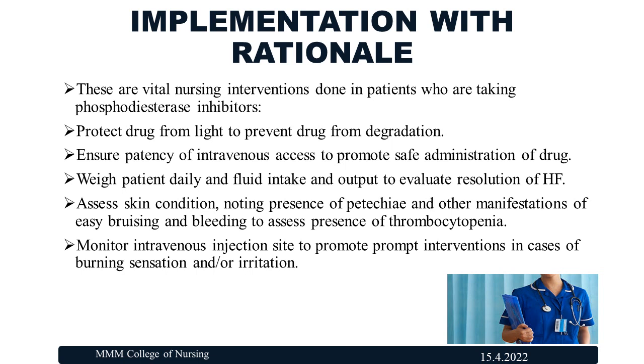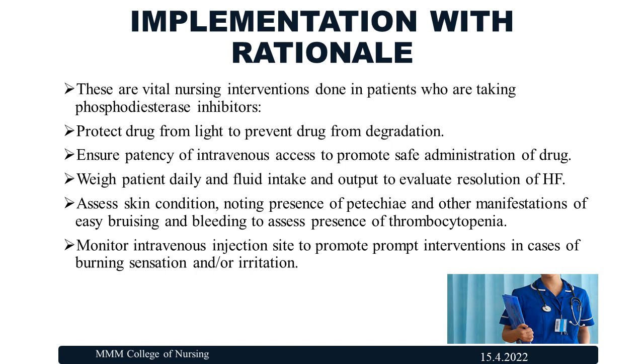The nurse should assess the weight, and progressively assess the patient's intake and output. Skin assessment should be monitored for petechiae or any changes such as red spots on the skin, and the physician should be informed immediately. Assess bruising and bleeding for the presence of thrombocytopenia.